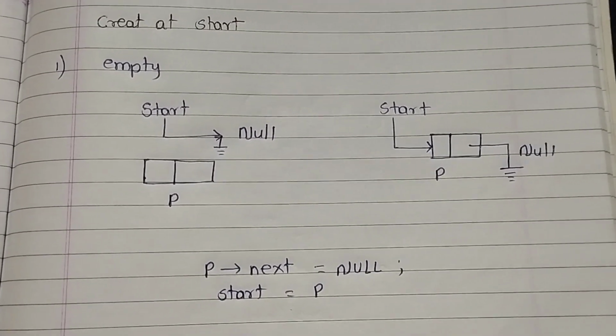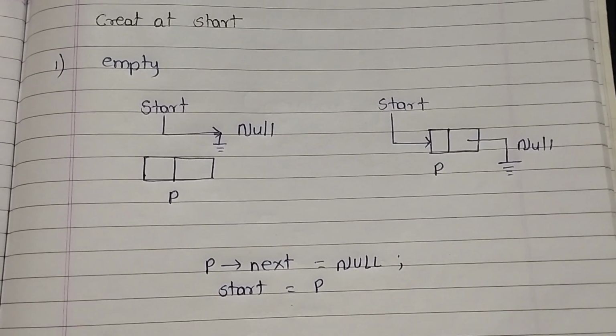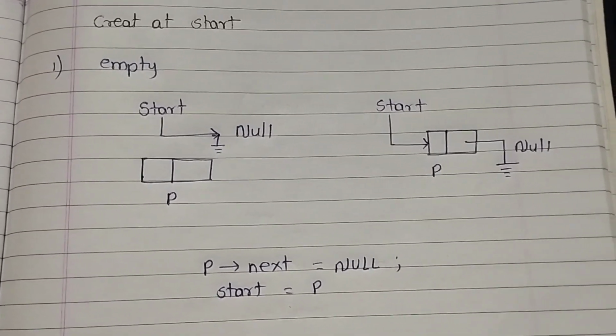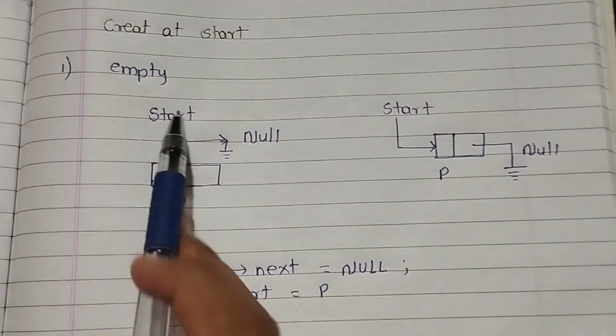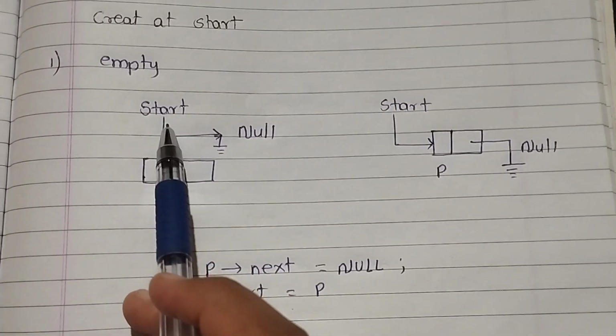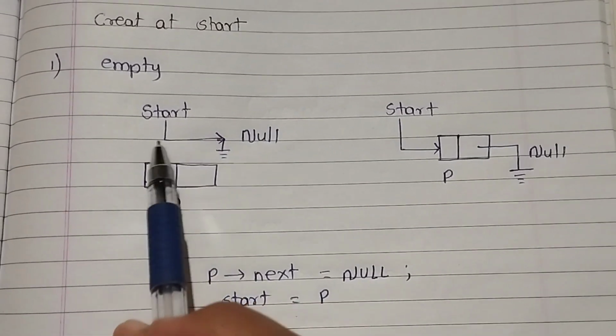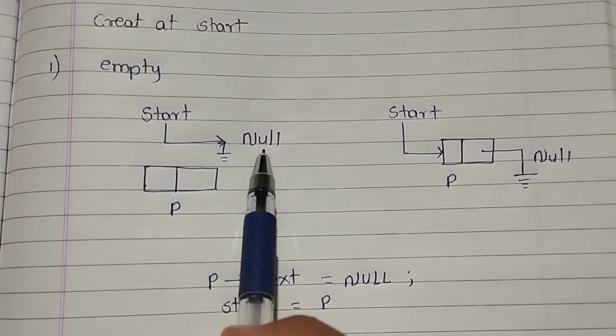When we create the linked list, there are two possibilities. First, the linked list is empty, and second, the linked list has some data. When the linked list is empty, there are only two external pointers present, the start pointer and the null pointer, and no node is present between the start and null.